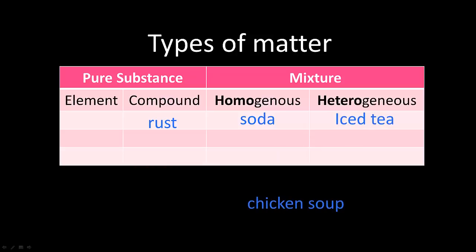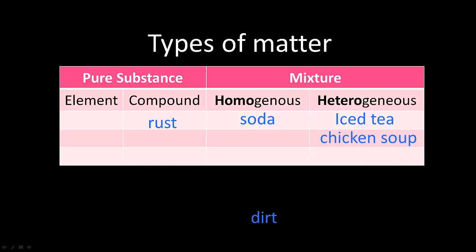Well, we know it's composed of at least water and chicken and probably carrots and onions. So that would be a mixture because all of those are separate compounds, and we can physically separate it with our fingers. So then we have to ask ourselves, is it homogeneous or heterogeneous? Does chicken soup look the same all throughout? And the answer to that would be no, because I can see the chicken from the onions.